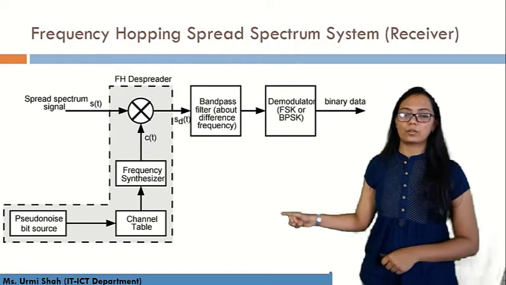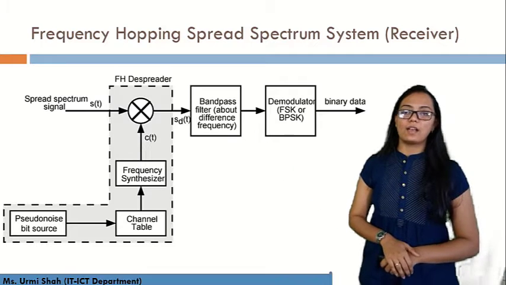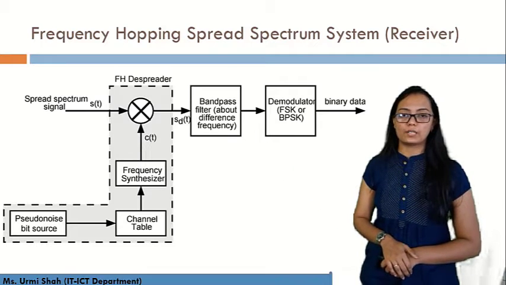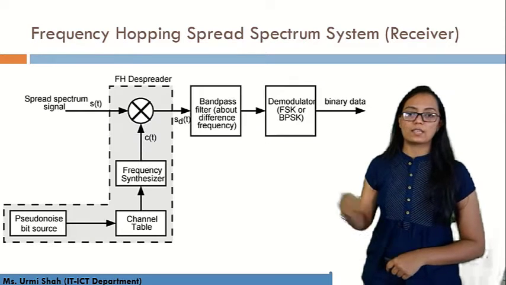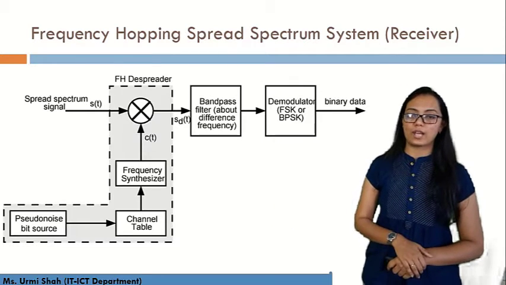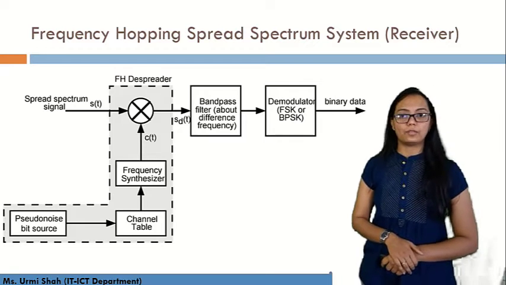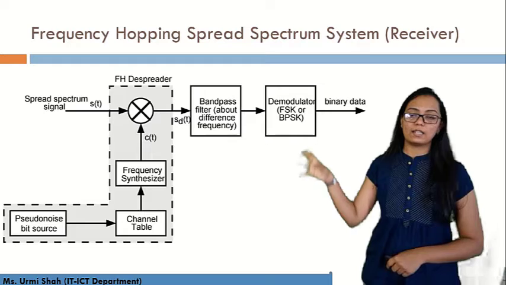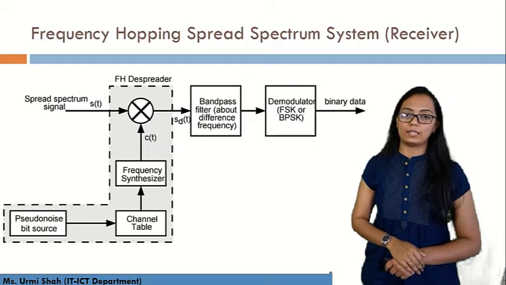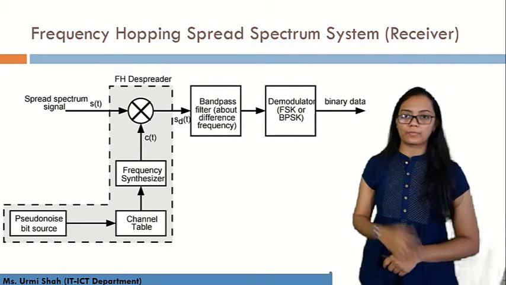Again the same block diagram is used, where the pseudo noise bit source generates the pseudo random sequence that is picked up from the channel table by the frequency synthesizer, and the frequency synthesizer output is mixed in the FH spreader.